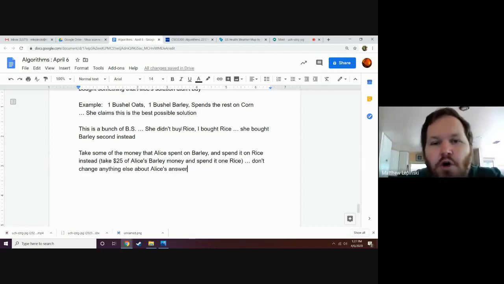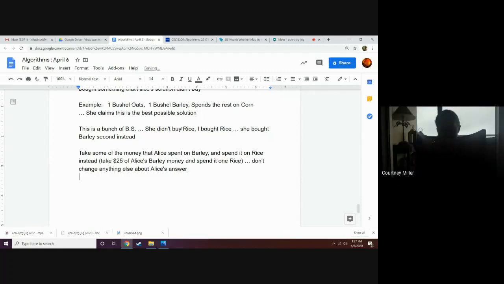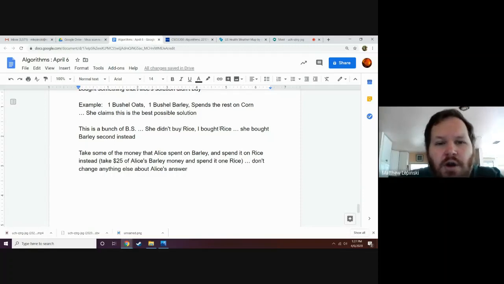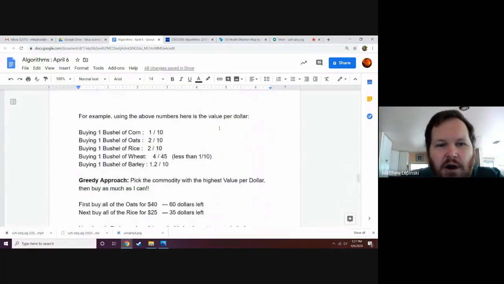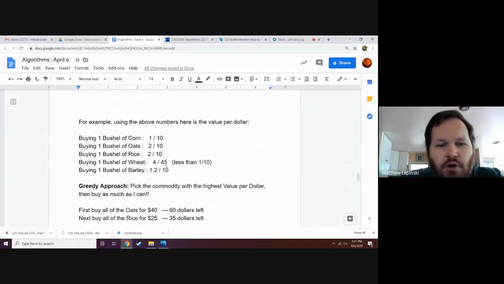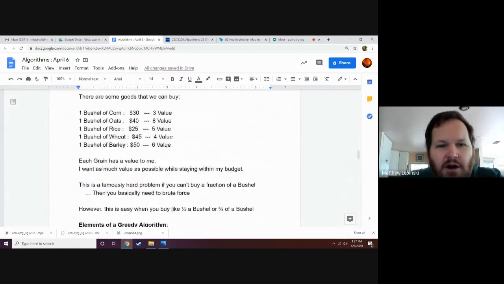So I'm going to do a thought experiment and move Alice's barley money, or some of Alice's barley money, over to rice and not change anything else about her answer. So why are you only using part of her barley fund instead of all of it? Well, it turns out that rice is cheap.